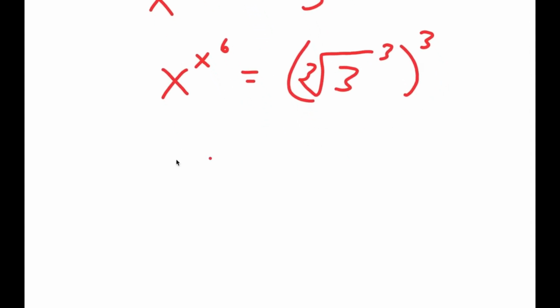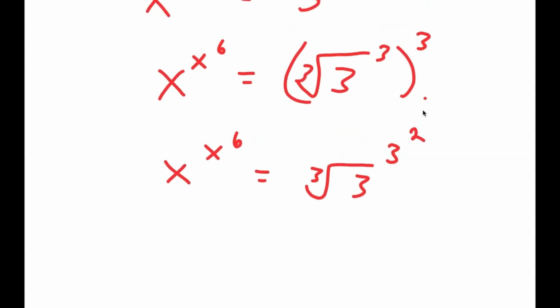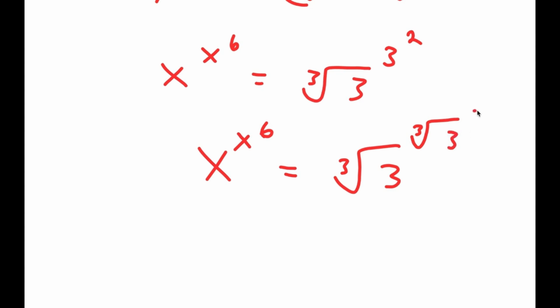Which is equal to the cube root of 3 to the power of 3 squared. Because 3 times 3 is 9, and 9 is the same thing as 3 squared. Now from here, I get x to the power of x to the power of 6 is equal to the cube root of 3 to the power of the cube root of 3 to the power of 3 to the power of 2.